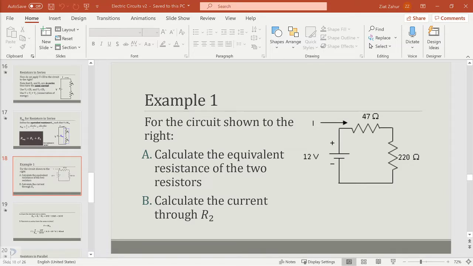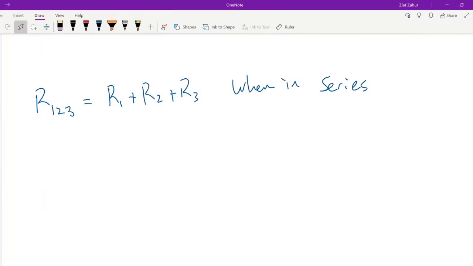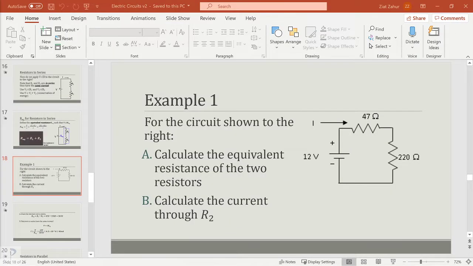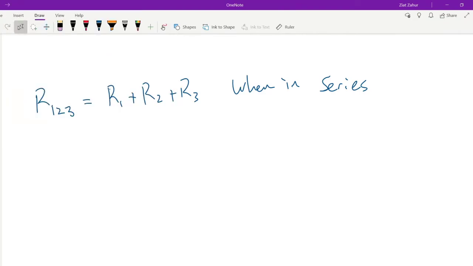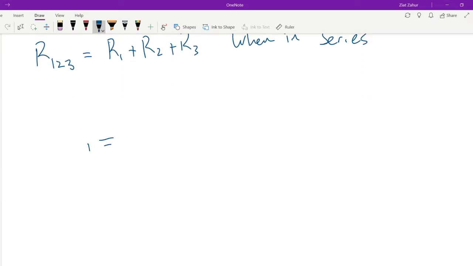All right. Well, anyway, it says calculate the equivalent resistance. So these are in series. The equivalent resistance, Req, would be 47 plus the 220. So let's see. How many volts was it? It was 12 volts. And 47, 220, like so.